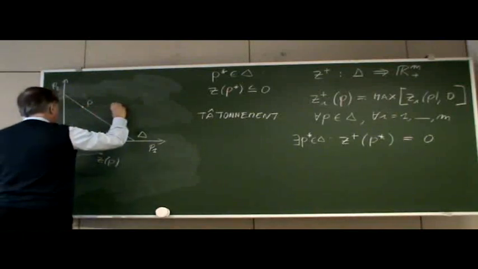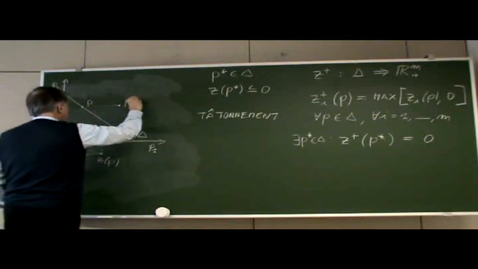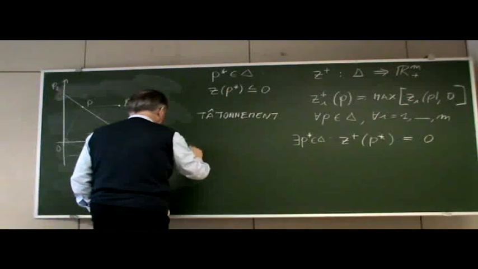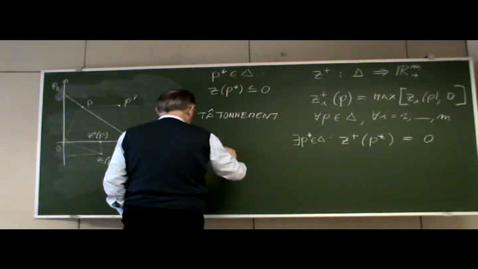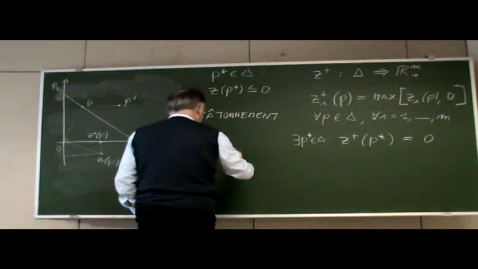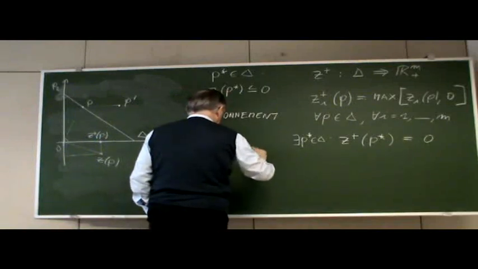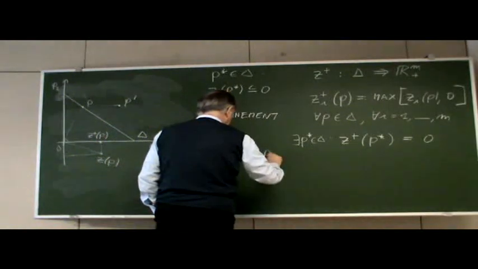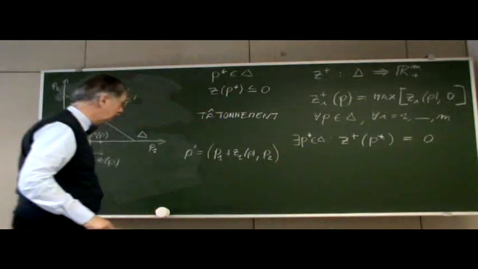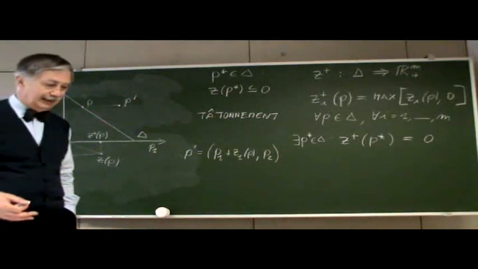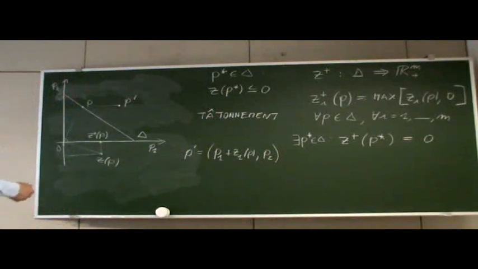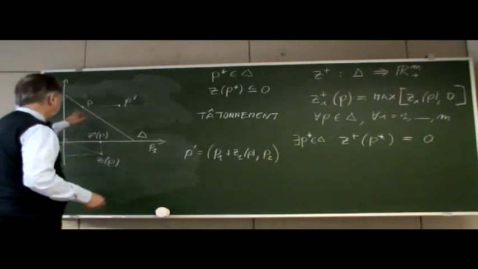So we obtain another price system like this, whose components are, for the first good, P1 plus Z1 of P. For the second component, P2. Since for the second good there is a negative excess of demand, the price of good 2 remains unchanged. We pass from P to P prime.